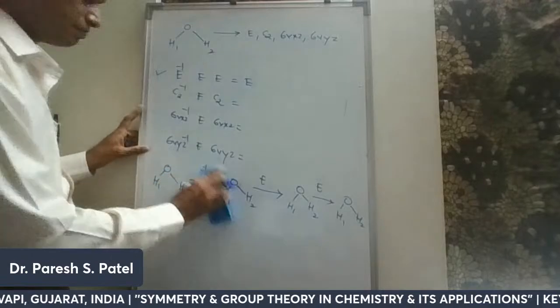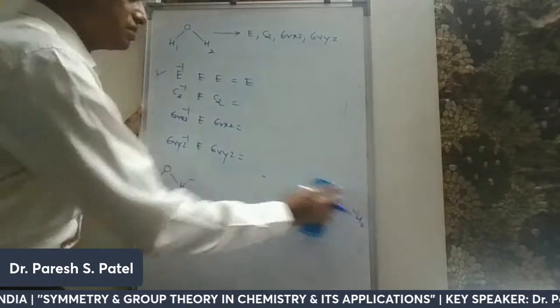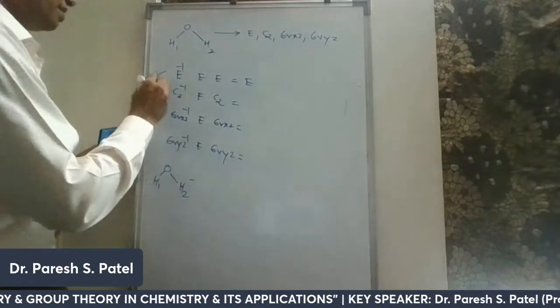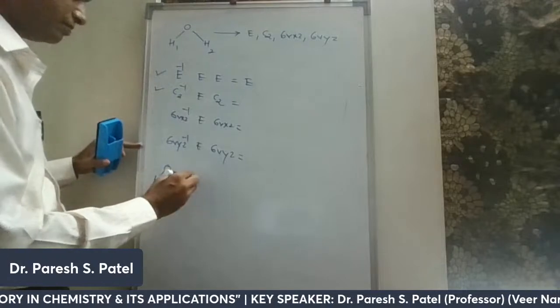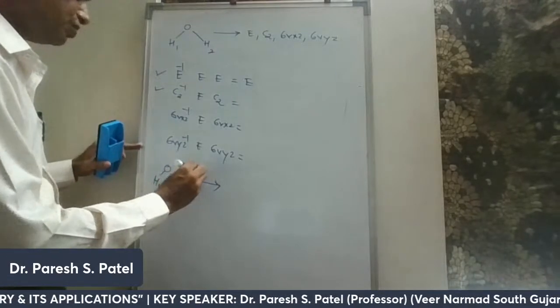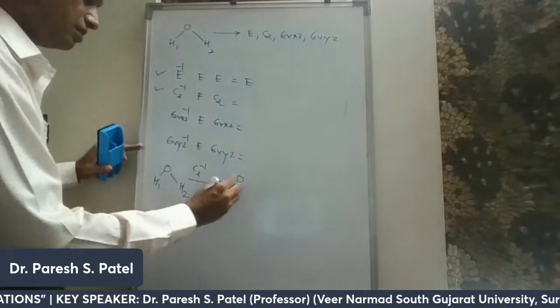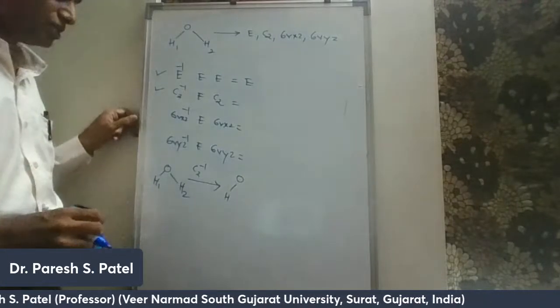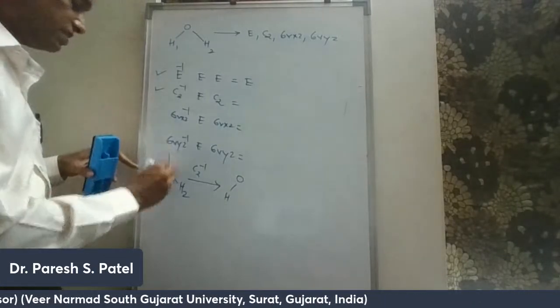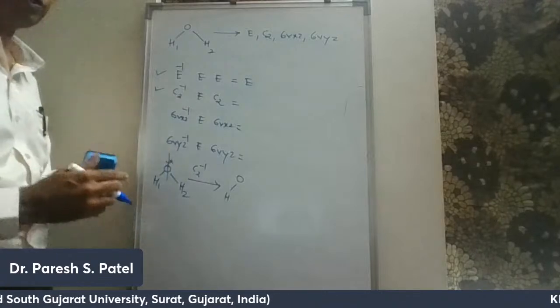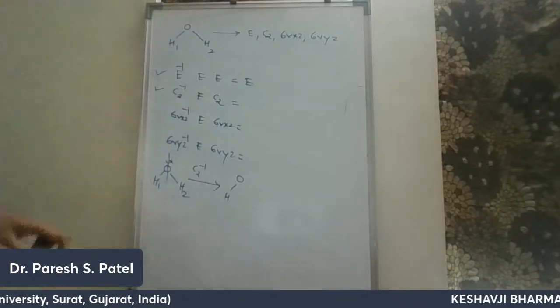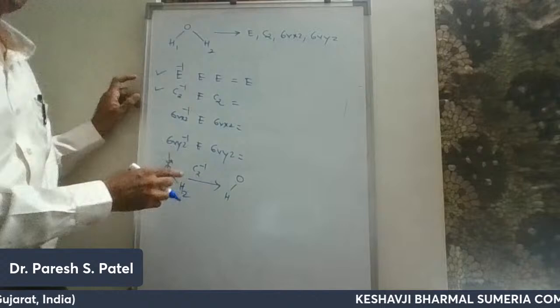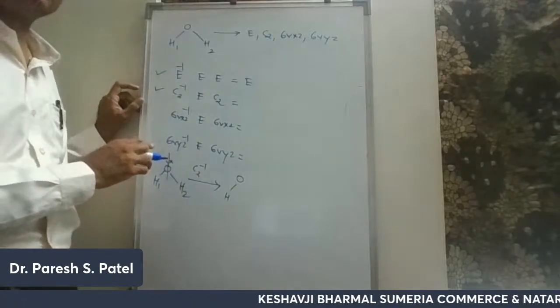Second one, C2 inverse E into C2. C2 means we have to operate on this molecule along the imaginary axis by 180 degrees to change the position of the hydrogens. Similarly, C2 inverse means anti-clockwise rotation.